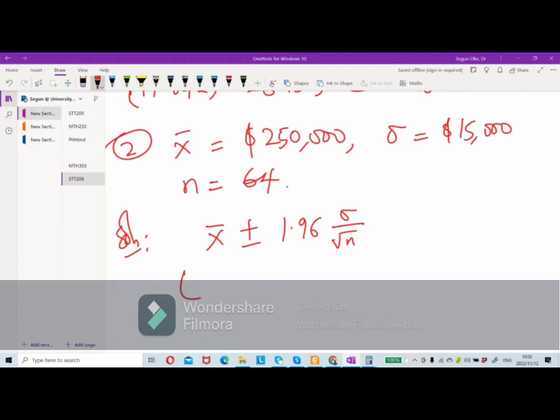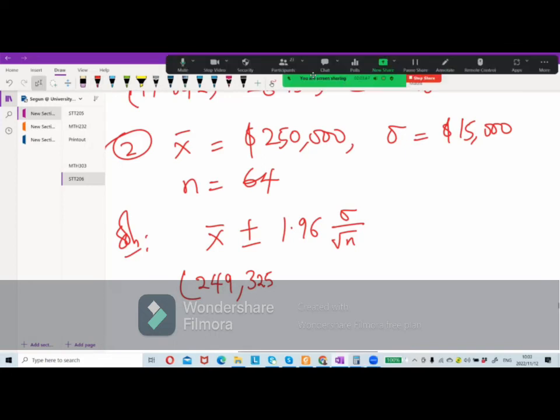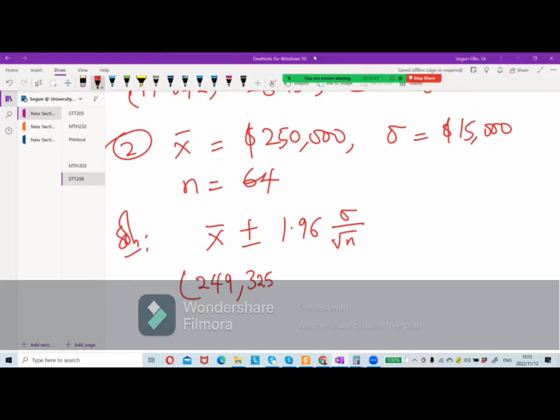The minus is 249,969. 249,996 plus 0.325. 996.325. 969.99. Point 325. How many of us got this one? No, not that. 249,996.325.